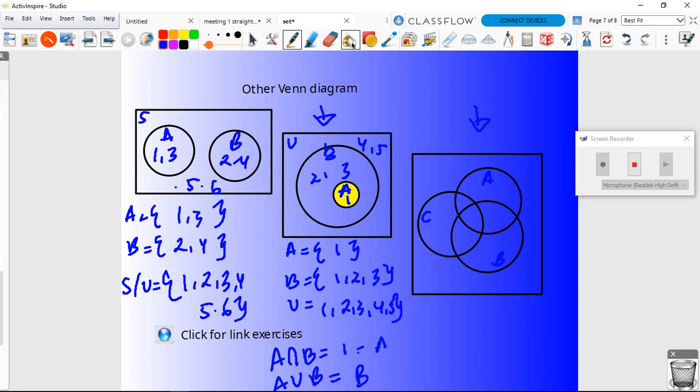This part is for the intersection of the 3 areas, A, B, and C. And then this one is for the intersection between A and B. And then this area is for C and B. And this area is for the intersection of A and C.